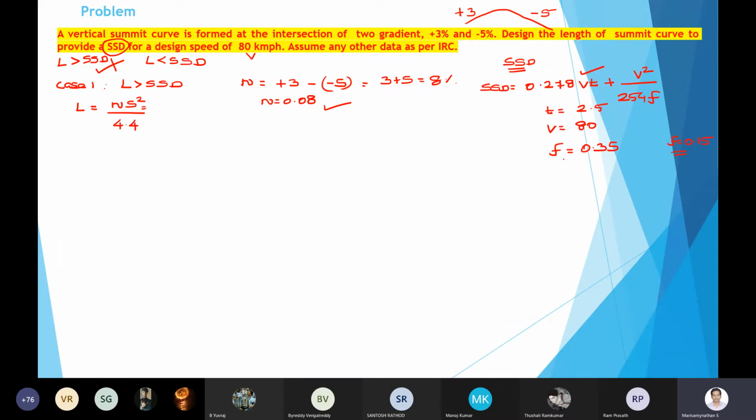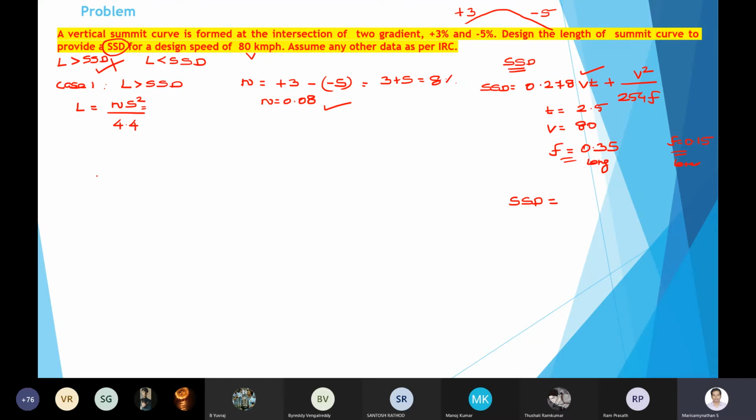So this might be expected in some competitive exams: what will be the maximum limit of the coefficient of friction when it is lateral and longitudinal? This is the longitudinal, this is the lateral. When you apply all the values, you come to know the SSD.